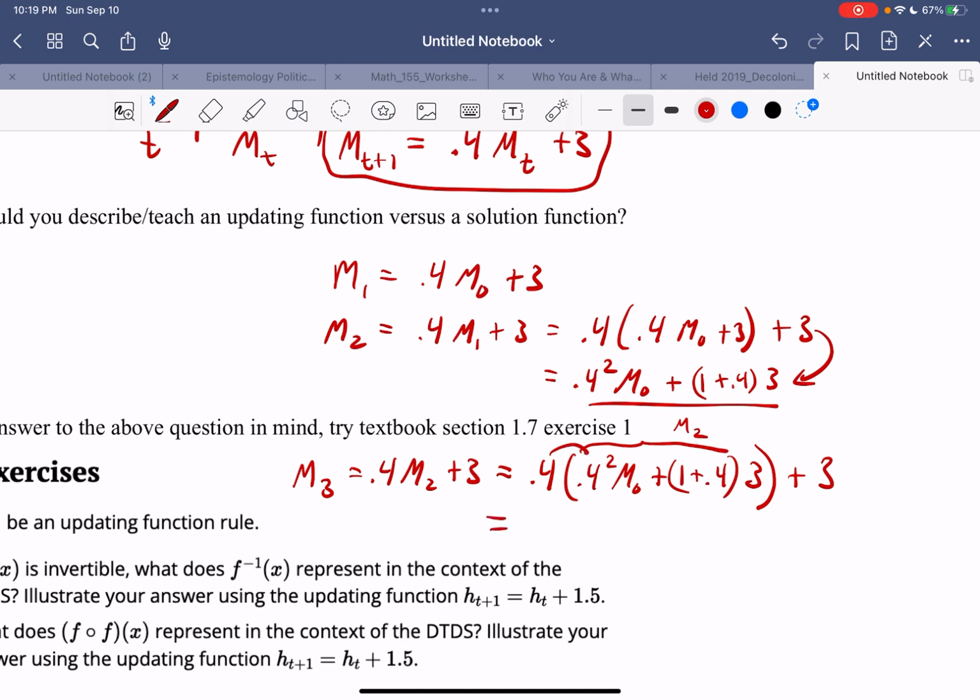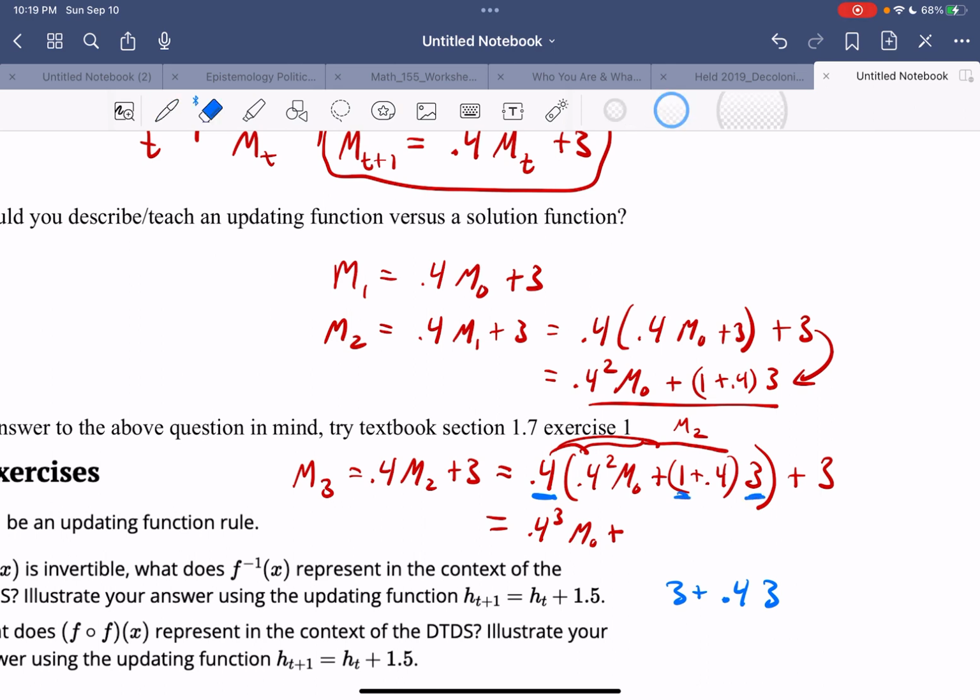Okay, so we distribute the 0.4, and we're going to have 0.4 cubed M naught plus, and now 0.4 times 1 is 0.4. 0.4 times 0.4 is 0.4 squared, and then there's this extra 3.